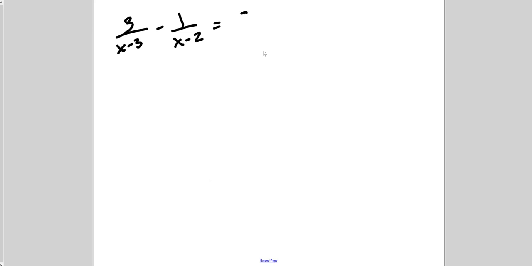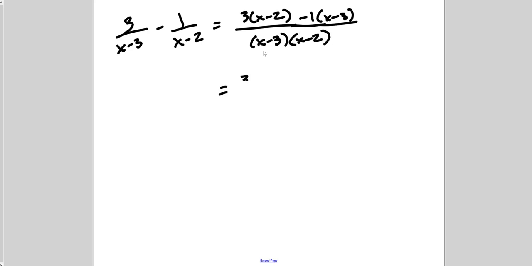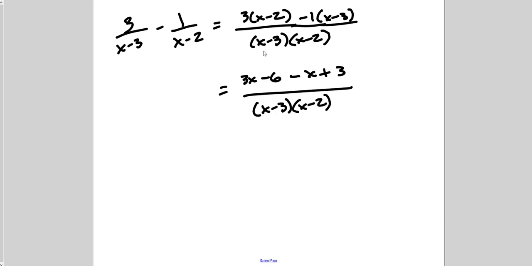So we're going to get 3 times x minus 2 minus 1 times x minus 3 over x minus 3 times x minus 2, and this just equals 3x minus 6 minus x plus 3 over x minus 3 times x minus 2. So this equals 2x minus 3 over x minus 3 times x minus 2.